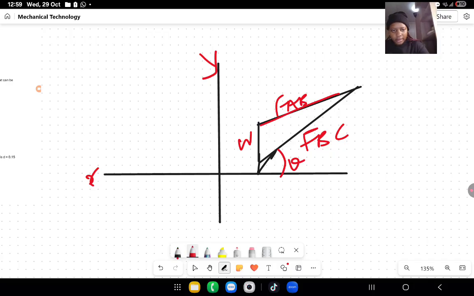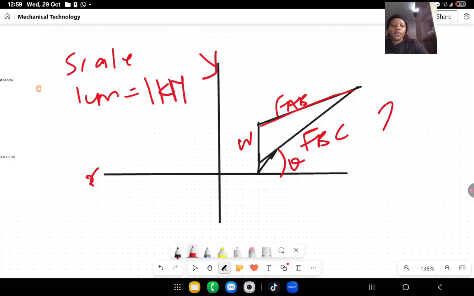This line is FAB. This is our polygon. The scale of the first polygon is 1 centimeter equals 1 kN. This is for number 2, so we are done with number 2.